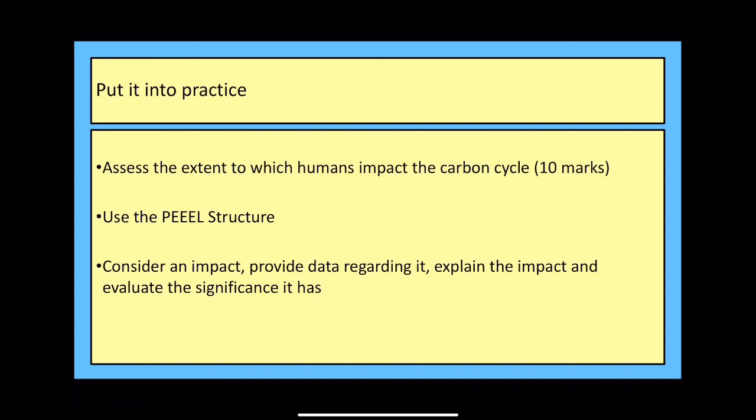So for each one, consider the impact that is being had, provide data to explain the impact that's being had, and evaluate the significance of it. Okay, so have a go at doing that using the information that we've done today. That's on pages 131 to 133 of the textbook to look at the impacts that are being had.